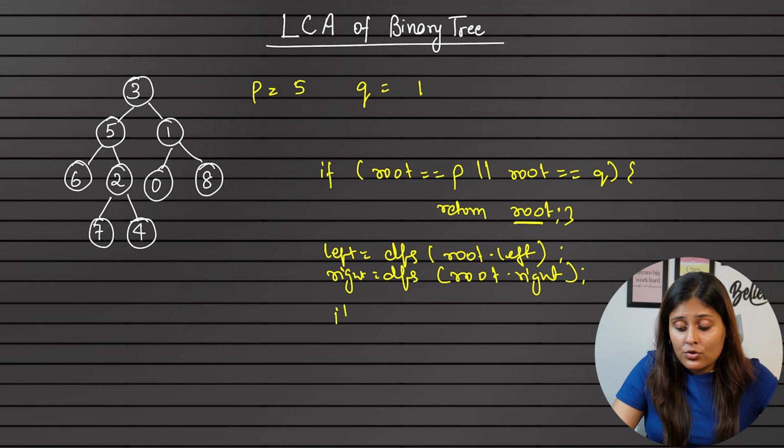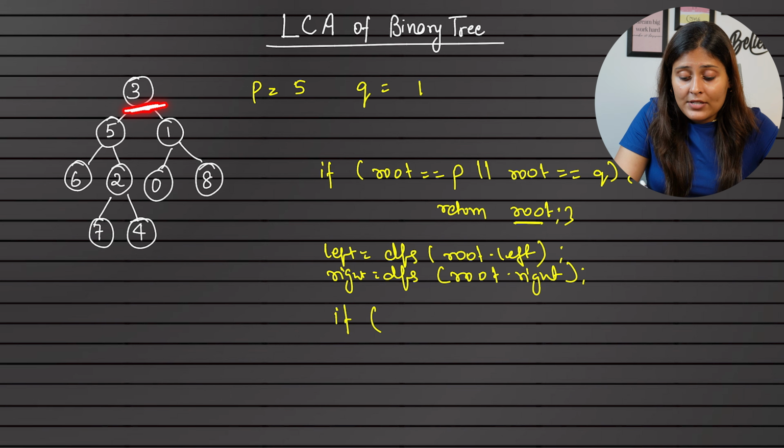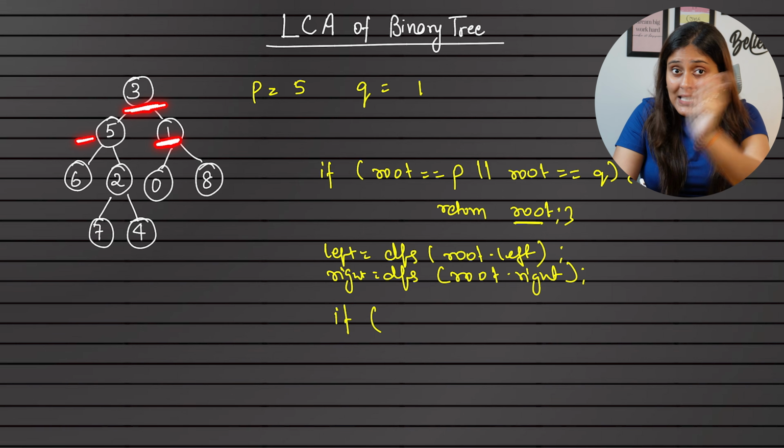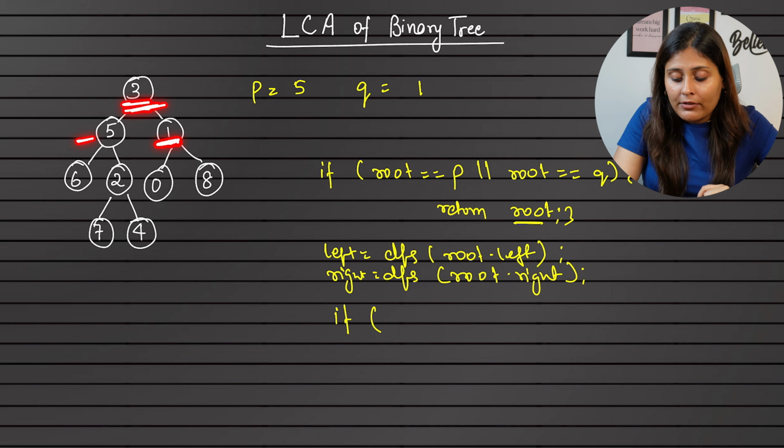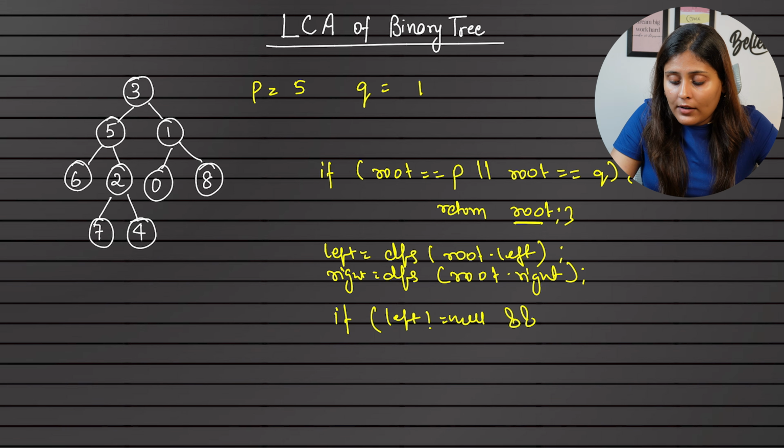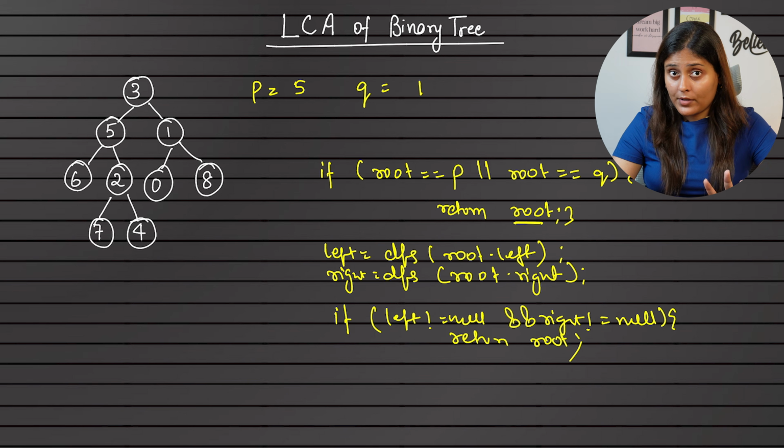After this, what we saw is that for 3's left side we got something and for the right side we got something. So when we get something from both sides, then 3 will be the common parent, correct? So we'll write: if left is not null and right is not null, return what? Root. That's what we understood, right?